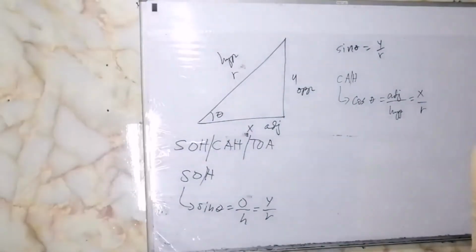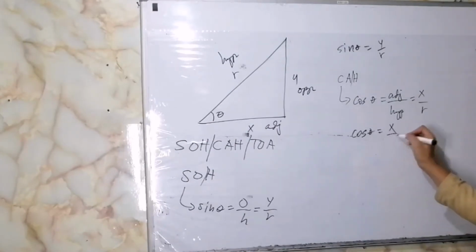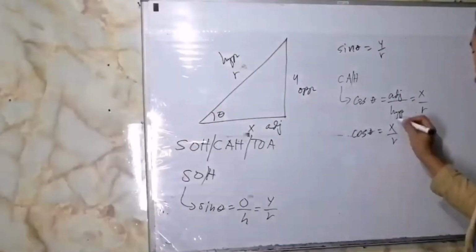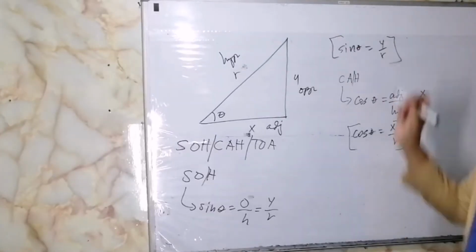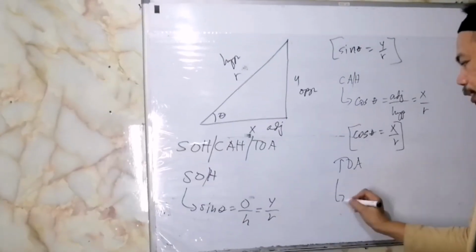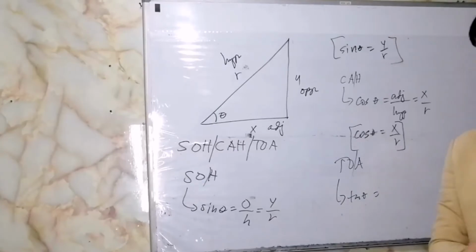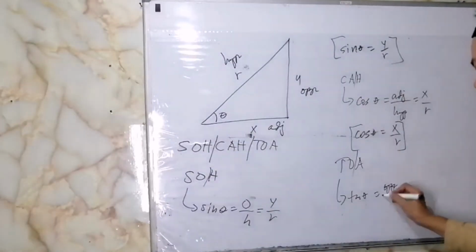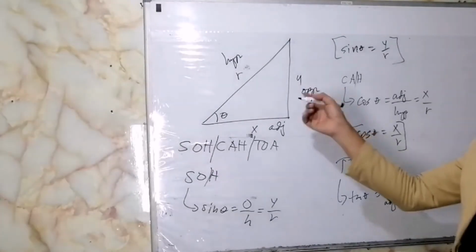Therefore, the cosine theta formula is x over r. So this is our cosine theta, and this is our sine theta. Let's go now with the TOA. T stands for tangent theta, equal to opposite over adjacent. The opposite is y.